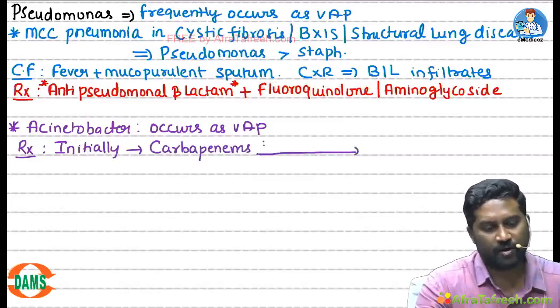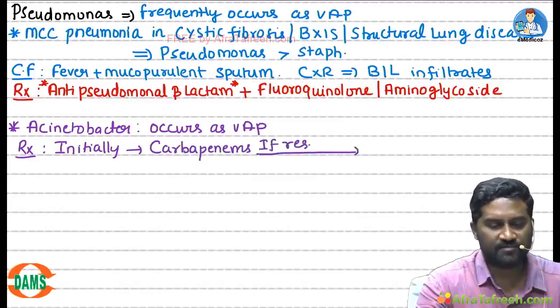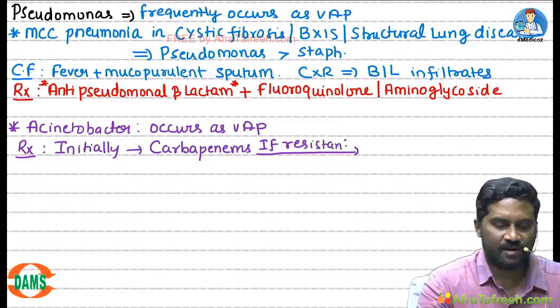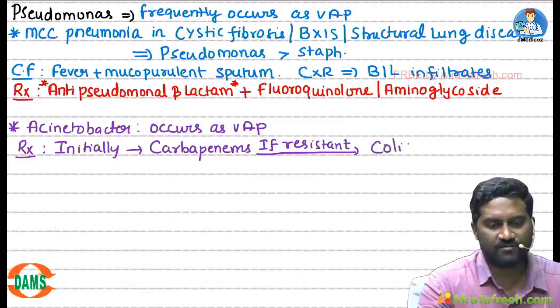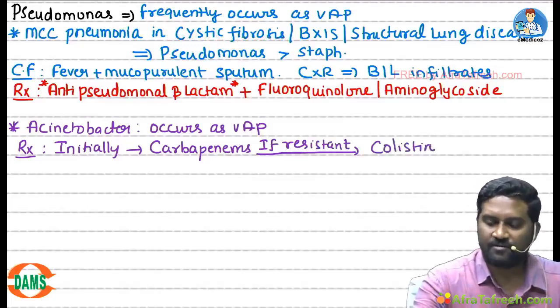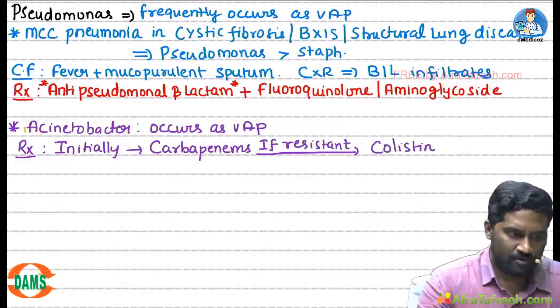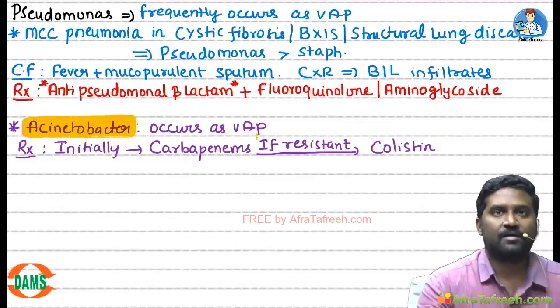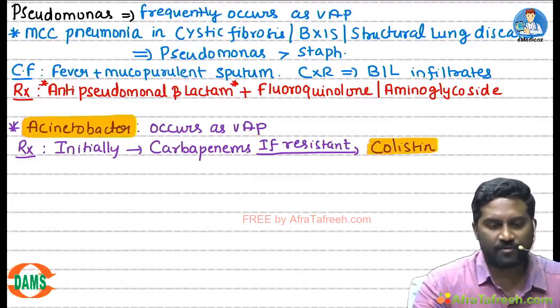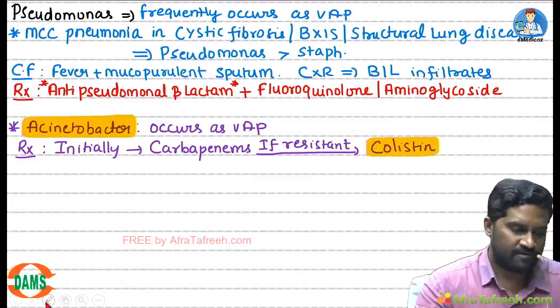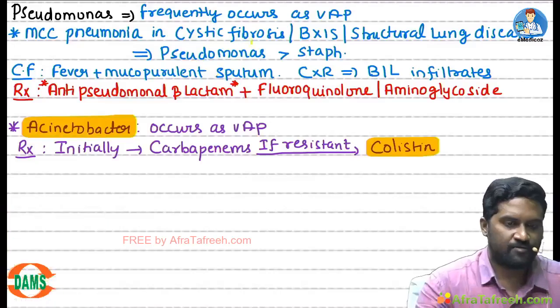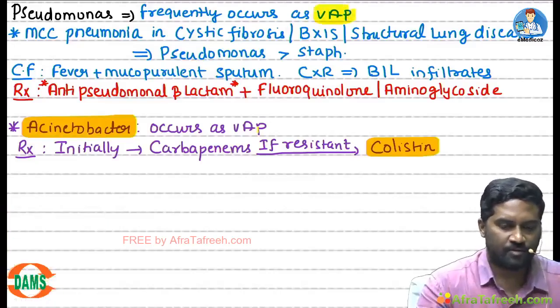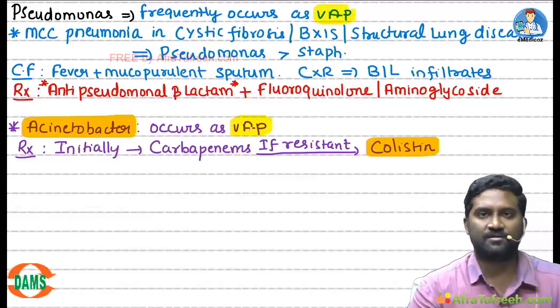If the organism becomes resistant, the next option is colistin. A recently asked question: which of the following drugs is helpful in management of Acinetobacter pneumonia? The option was colistin. Now if you notice here, both Pseudomonas and Acinetobacter frequently occur as ventilator associated pneumonia.